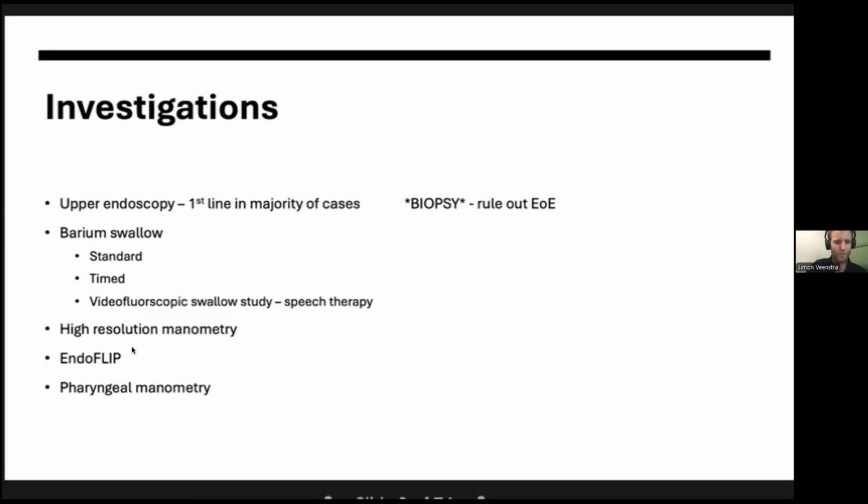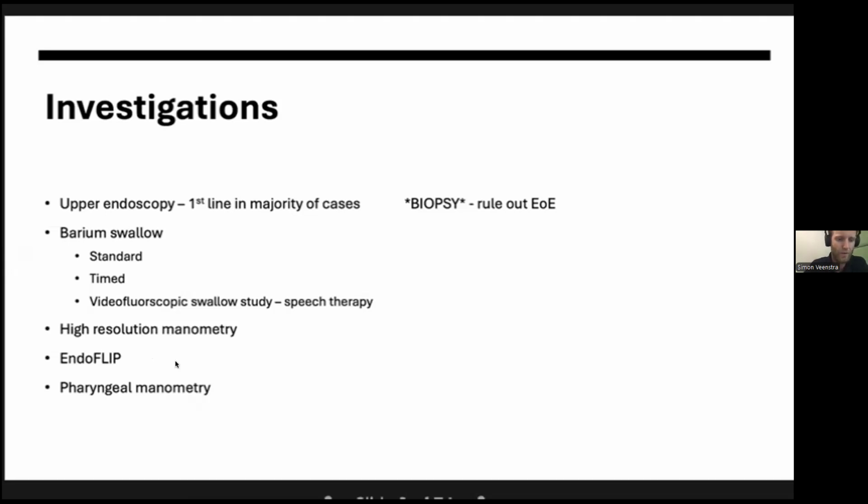The EndoFlip, which is a functional luminal imaging probe, looks at the distensibility of lumens essentially, and provides a bit more information on what's happening within the lumen, within sphincters.